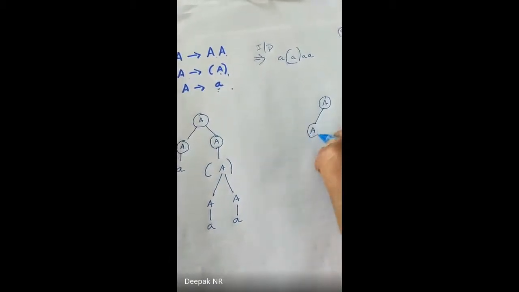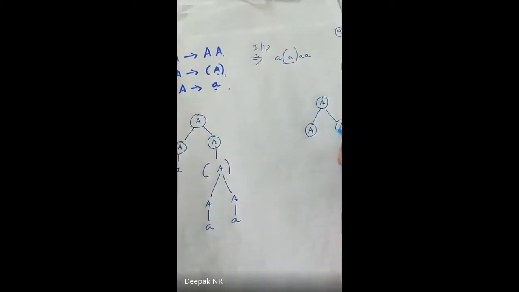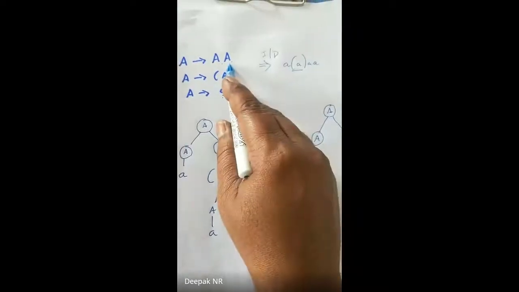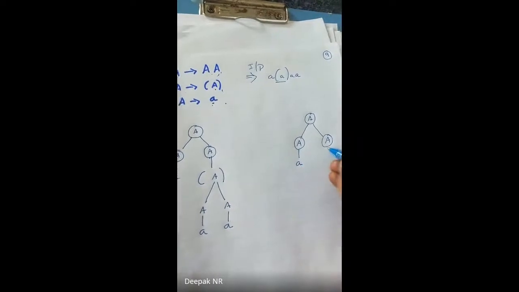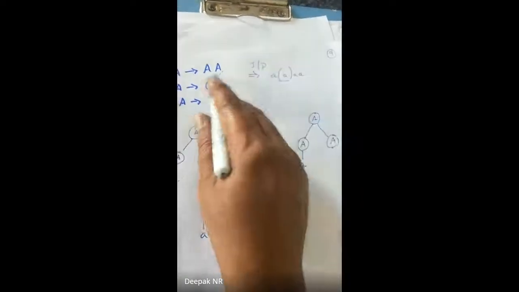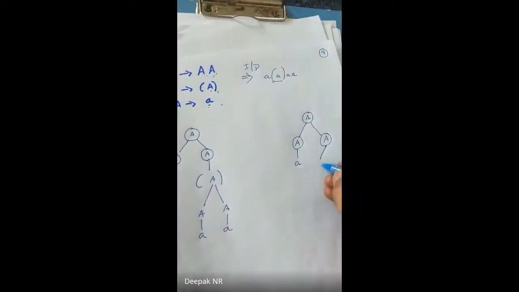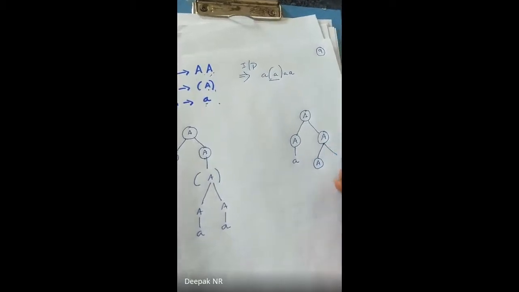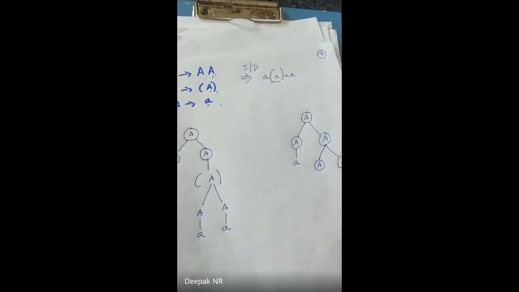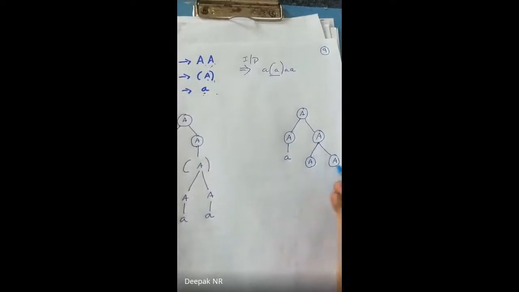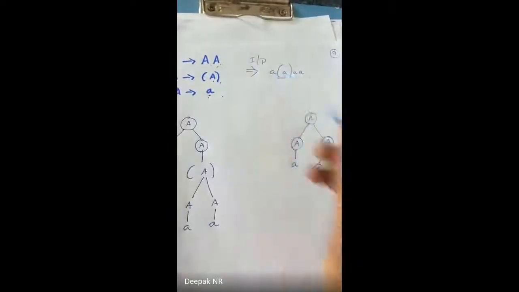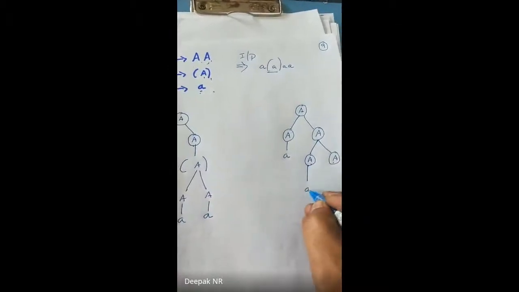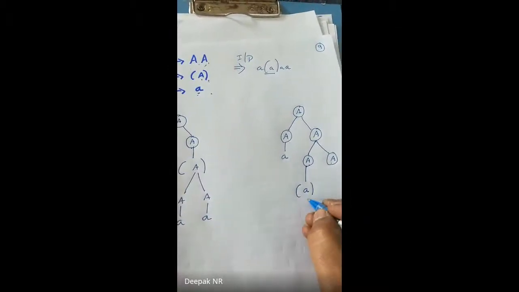A. I use A by using equation 1. Now this A I replace with small a, and here I take two A's, one A and one more A. Here I use the braces, so I take A with the braces, and this A needs two A's.